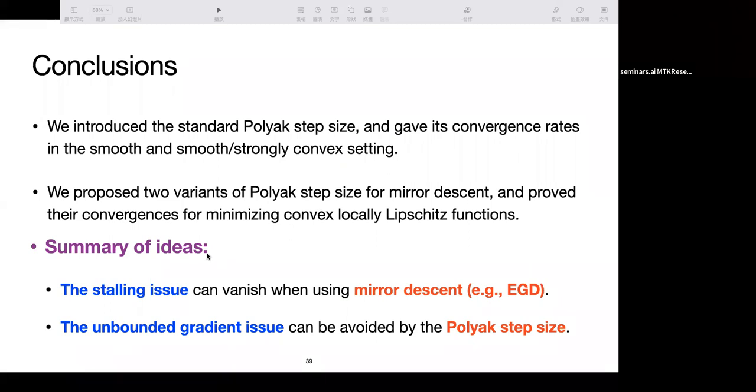There are some core ideas that I think are worth taking away. The first is that the stalling issue can vanish when using mirror descent, for example, exponentiated gradient descent. And the unbounded gradient issue can be avoided by the Polyak step size.